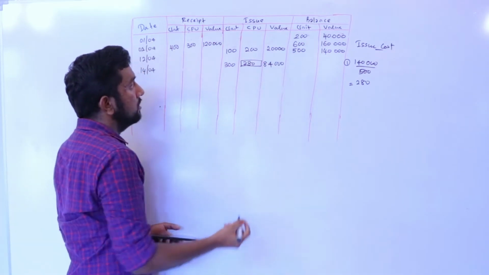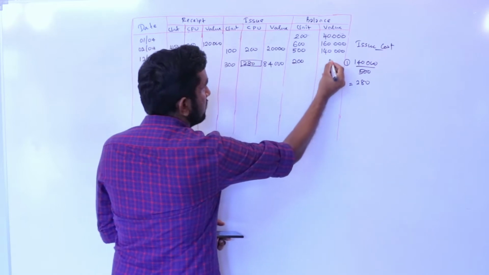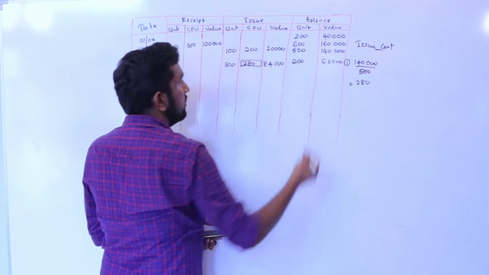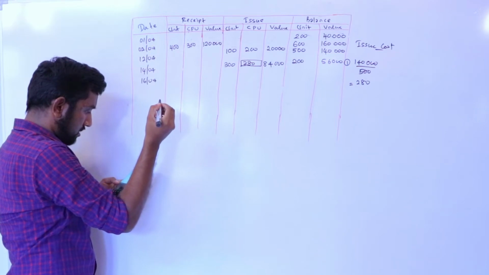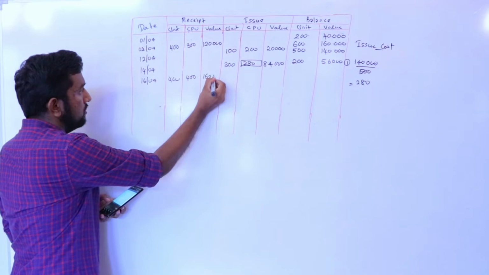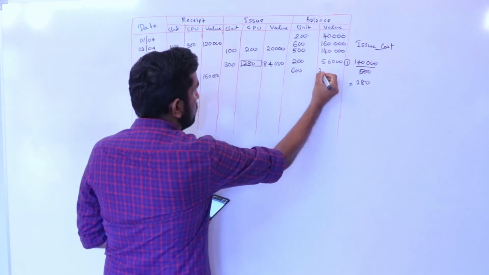So 84,000. Once we issue this, balance is 200 units and 56,000. Then on the 16th we have a purchase of 400 at 400, 160,000. So balance is 600 units and 216,000.